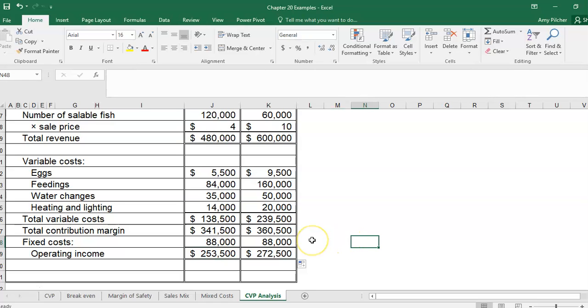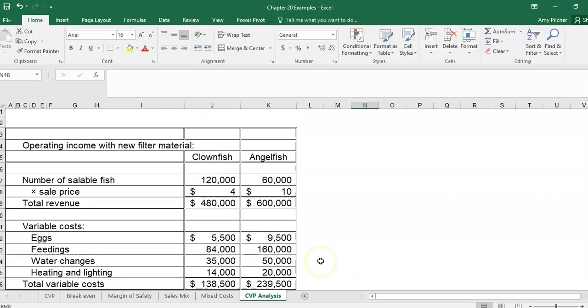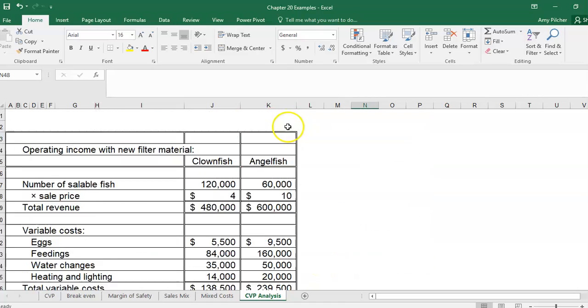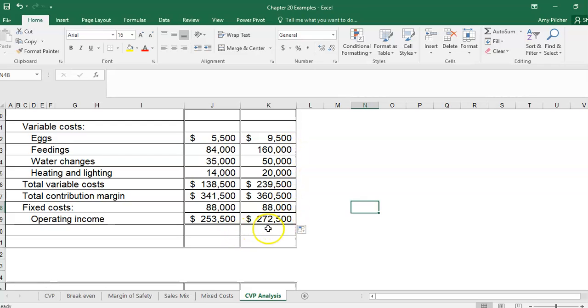Now angelfish are more profitable. Not only that, but that $8,000 investment in filtration raises our operating income from $140,500 to $272,500. That's a pretty significant return on an $8,000 investment.